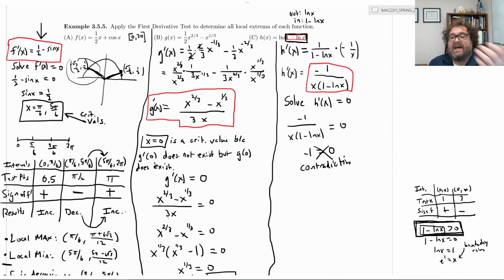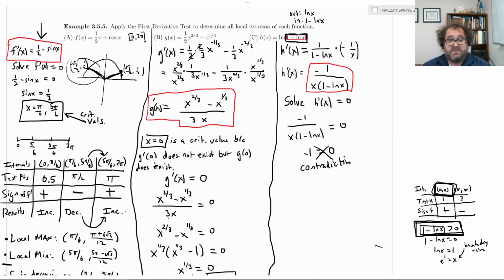What does this tell me? That tells me the domain of my original function is 0 to e. That's the domain of my original function h, because that 0 to e will ensure that my overall function h, the logarithm, has a positive argument, which is a mandatory thing.